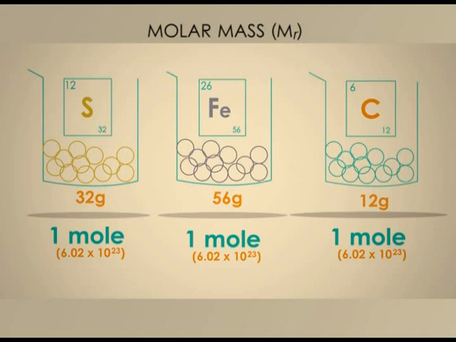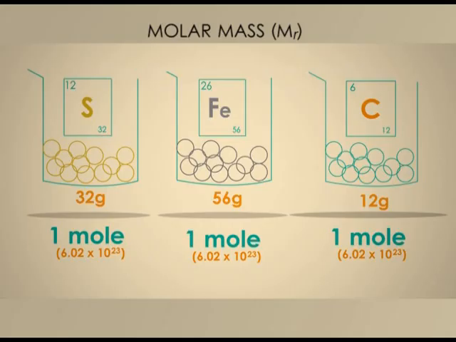Sulfur has mass number 32. That means 1 mole of sulfur atoms will weigh 32 grams. Recall also that 1 mole of a substance contains 6.02 times 10 to the power 23 particles. So it's also right to say that 6.02 times 10 to the power 23 atoms of sulfur will weigh 32 grams.